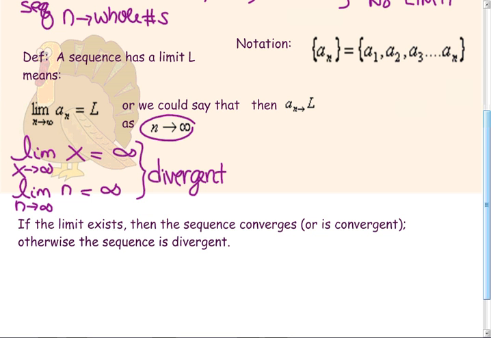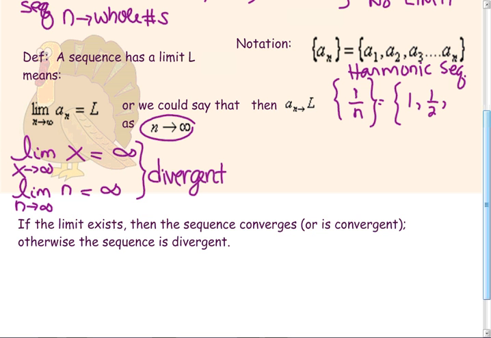Let's look at another sequence. The sequence of 1 over n. It has a special name. Everybody knows it. It's the harmonic sequence. Unfortunately, it causes us a lot of trouble. What does that sequence look like? We're going to start with 1, because 1 divided by 0 doesn't work. So it's 1, 1/2, 1/3.